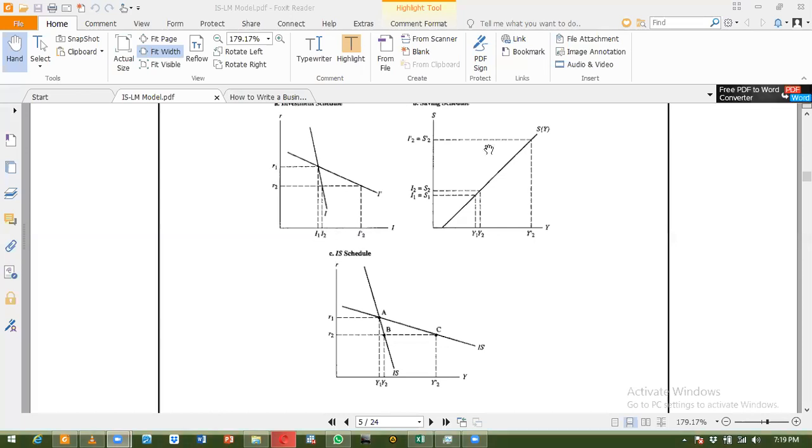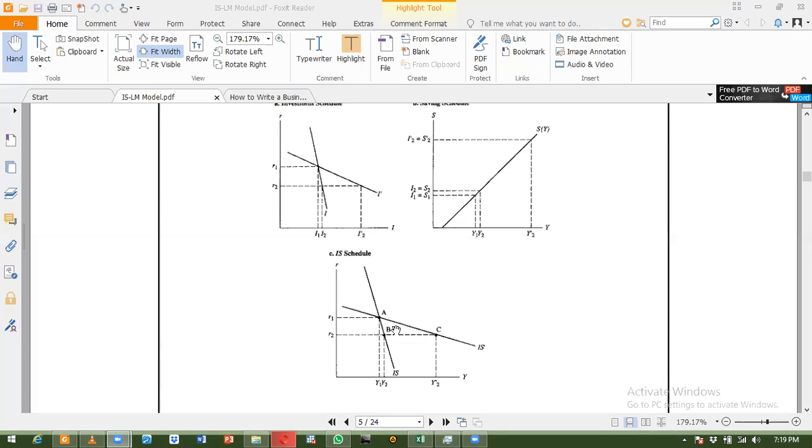When you come to the leakages and injections graph, because of the fall in interest rates, investment has increased from this point to this point, and that is resulting in this change in Y. You see the big change in Y, all because investment is more sensitive to changes in interest rate.